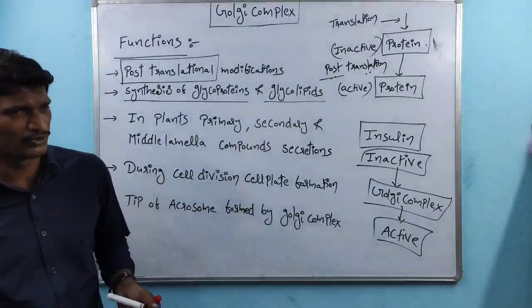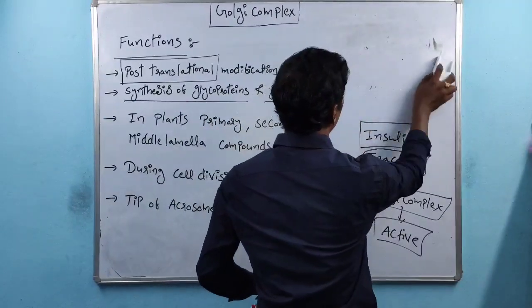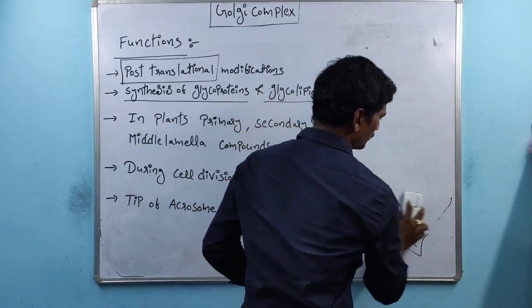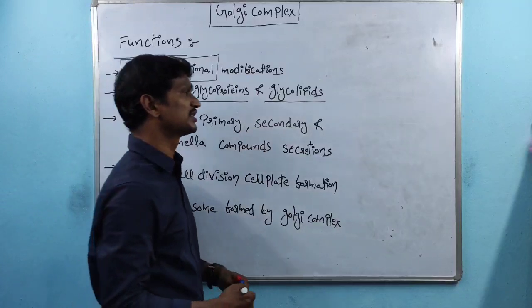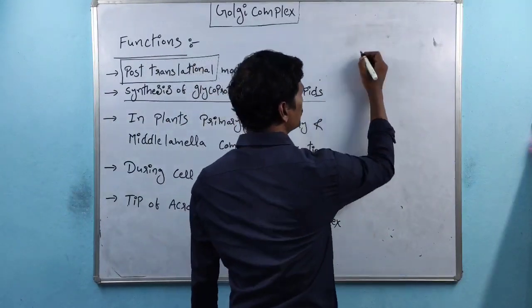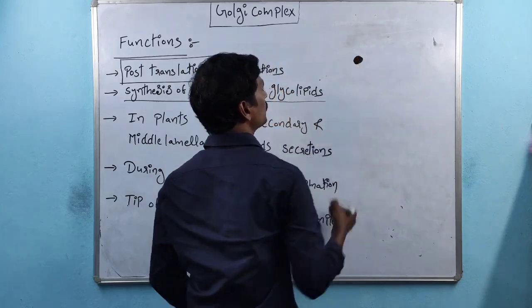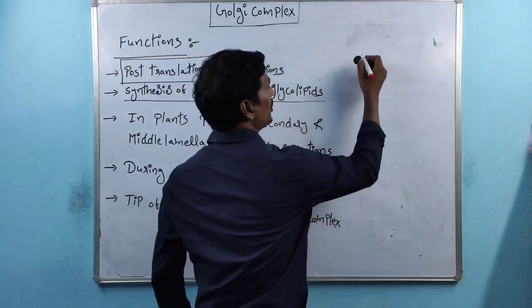Synthesis of glycoproteins and glycolipids. Here glycoproteins: we know about protein. Proteins are repeated units of amino acids. Suppose this is one of the proteins. The protein is tagged with carbohydrate moieties.